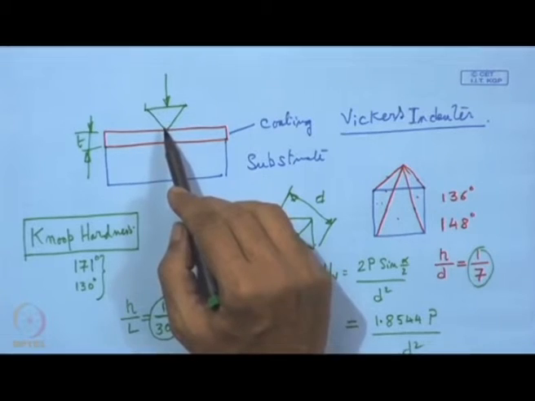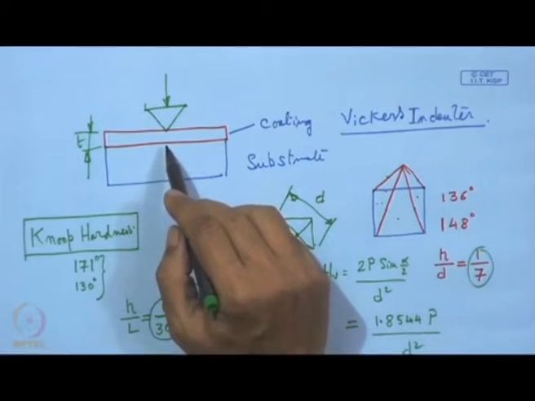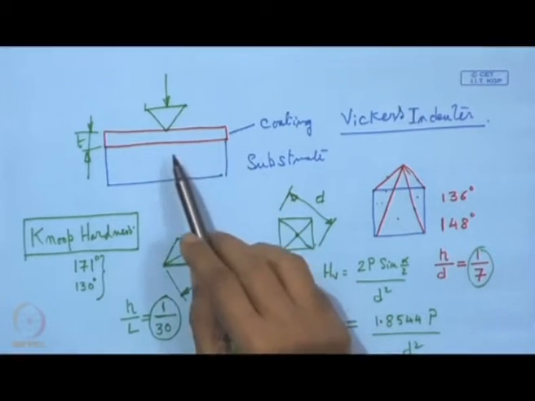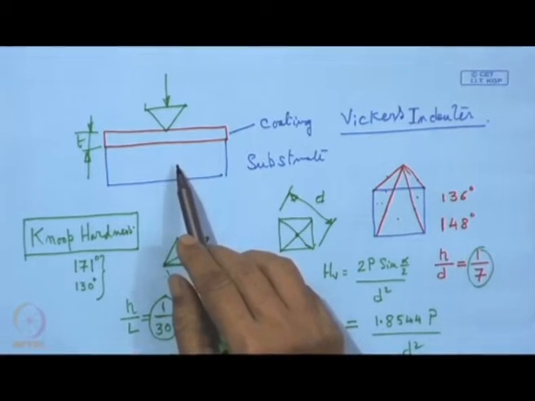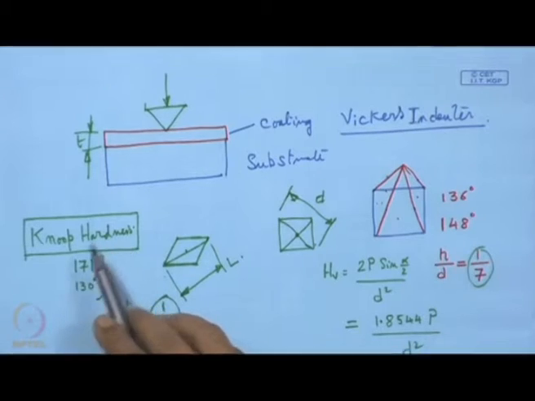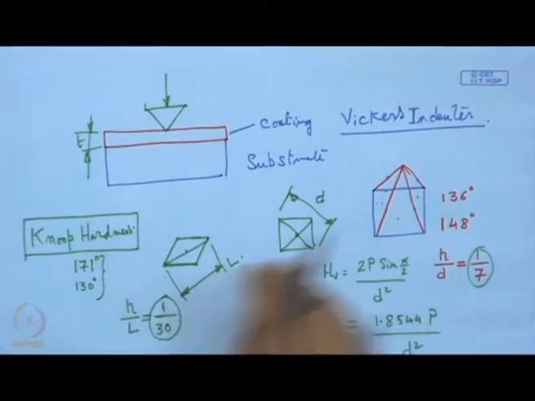Now, if we allow too much of indentation depth, then there is every risk that this ceramic coating or ultra hard coating can open up through crack propagation. So, for that also this Knoop hardness technique is found to be advantageous.